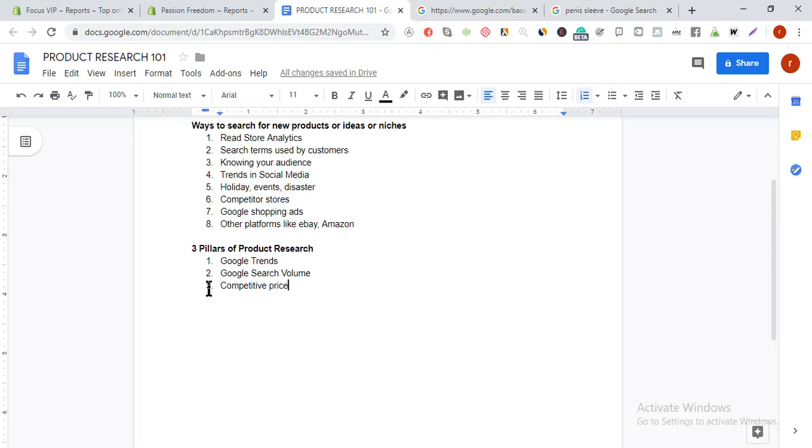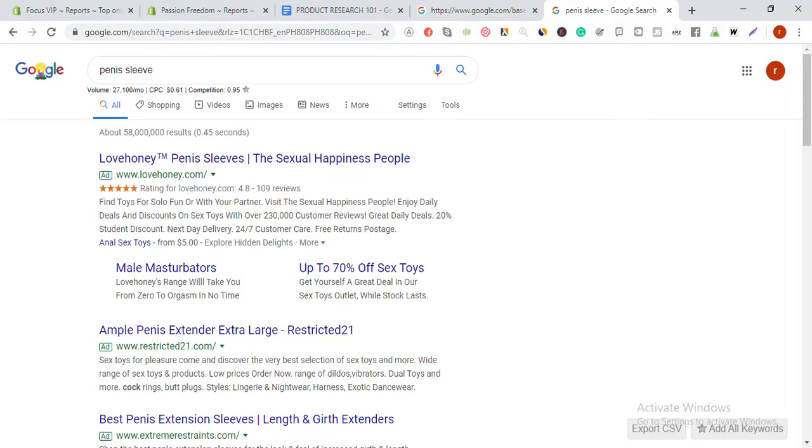But sometimes for the price, there are things to consider, which I'm going to tell you in a little bit. So let's just say we are using the three pillars. Definitely, when it comes to search volume, it's very overwhelming. It's already 27,100. So it definitely passed, right?